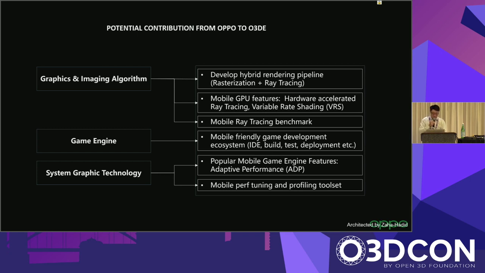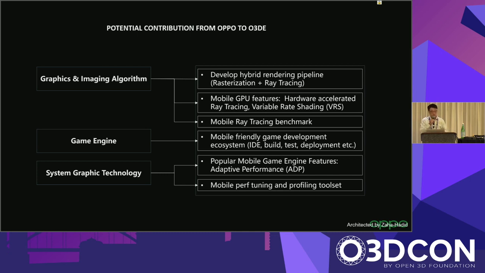Also, we have other game features. For example, ADP, like someone from the discussion thread mentioned. What is ADP? ADP is adaptive performance. It's actually promoted by Unity, Google, and ARM these days, which allows the mobile hardware platform to communicate with your game engine.